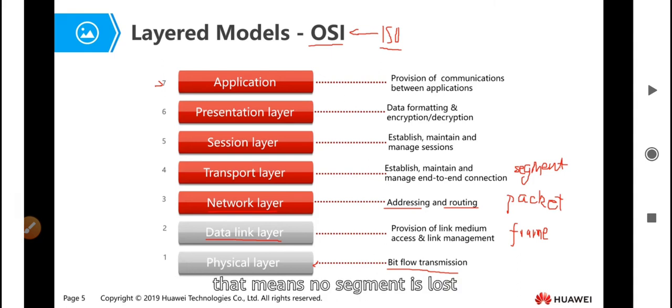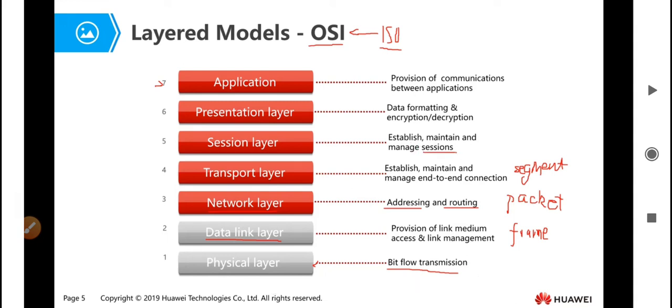That means no packet is lost. Okay, if a packet is dropped between the two communicating devices, then this transport layer will resend the packet. Okay, and then the session layer manages the sessions.